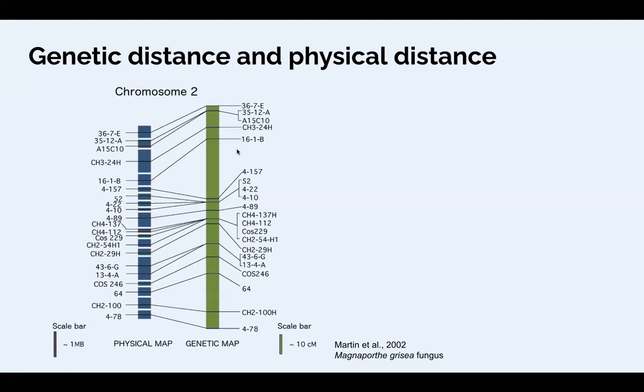The genetic mapping shows that the order is preserved. So all these same notations for the gene regions are on there, and they're in the same order, but there's not always the same match, with some interesting exceptions. So like here, this distance in 16(1b) to the next one, 4-157, is a very big genetic distance, meaning that crossing over happens quite a bit there. So that's the scale bar.